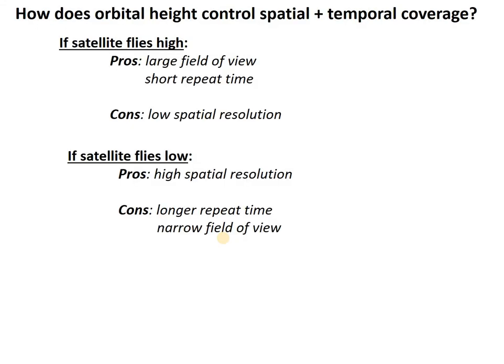So just to summarize that again, if you put a satellite higher in orbit, you're going to get a large field of view, typically because you're looking down from higher, and you may get a shorter repeat time because of that larger field of view, but you're going to get low spatial resolution. If the satellite flies low, you may get higher spatial resolution because you're closer to Earth, but you'll often have a longer repeat time and perhaps a narrower field of view.